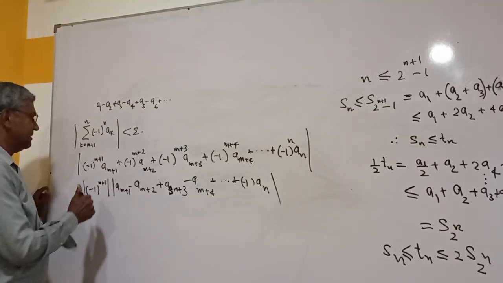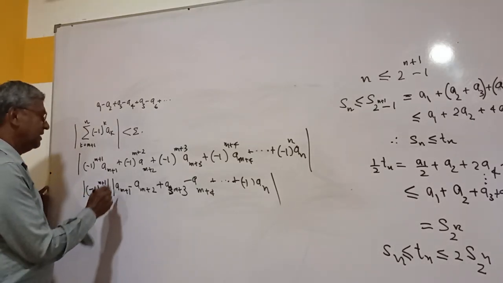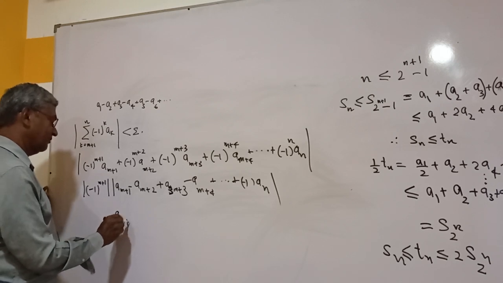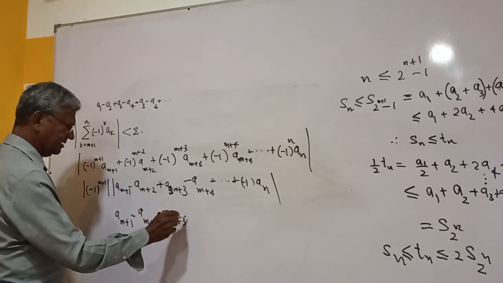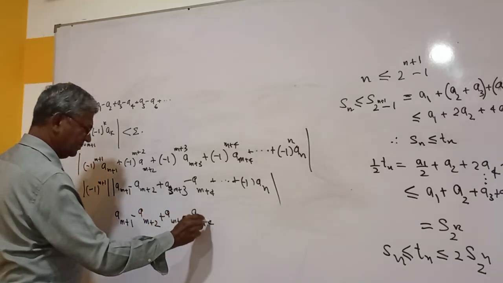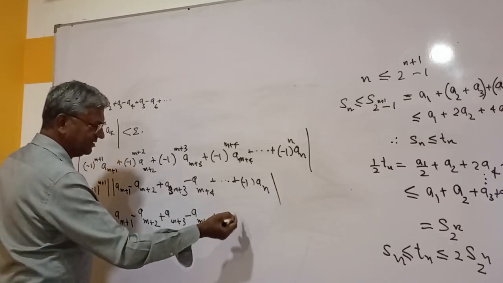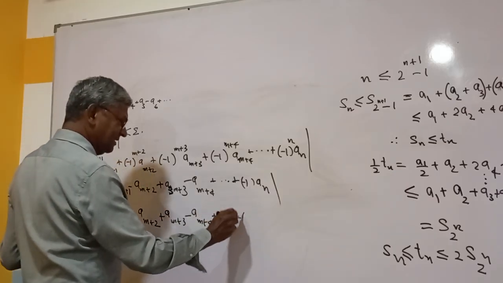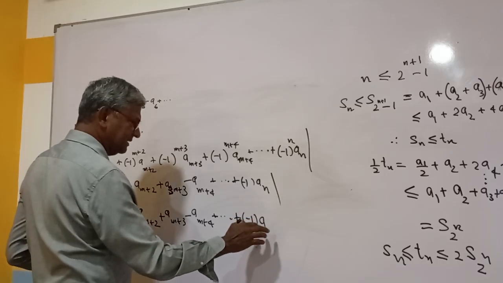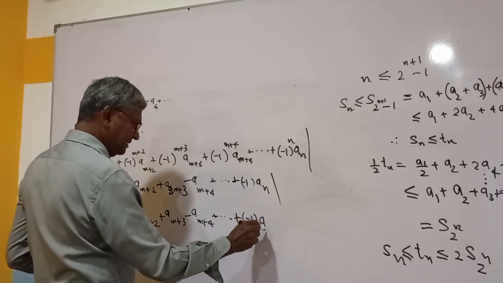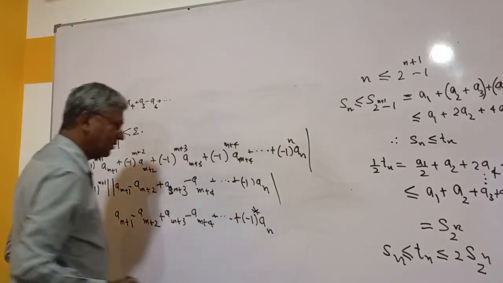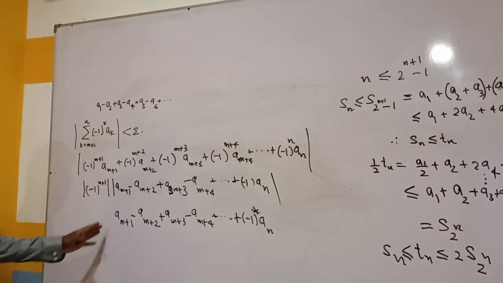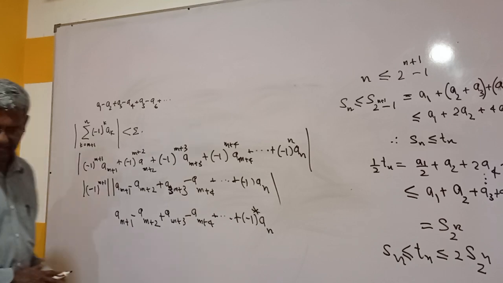So now this is equal to A m plus 1 minus A m plus 2 plus A m plus 3 minus A m plus 4, and so on, times minus 1 to some power, depending on n; it doesn't matter, I'm not interested in that. This is the absolute value of this thing. You can see this very easily.